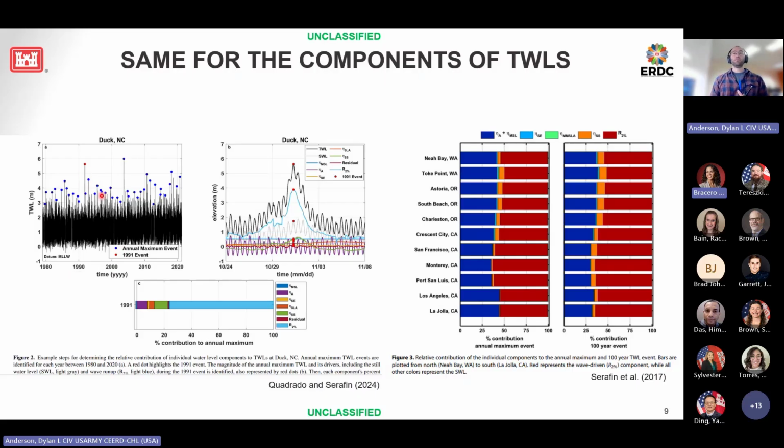An annual maximum in blue is picked off, and then this one red dot is now shown over here in this time series, where you're identifying all of the different water level components that are leading to this one total water level, and looking at, in bar graph form, the relative percentages of each of those different components. So the storm surge is some portion, but there is some background sea level anomaly. There's some background seasonality. These are processes that are coming from the temperature of the water.